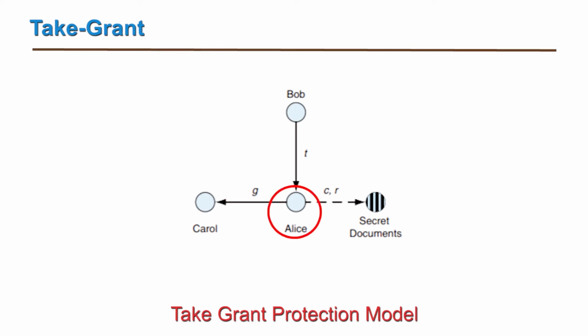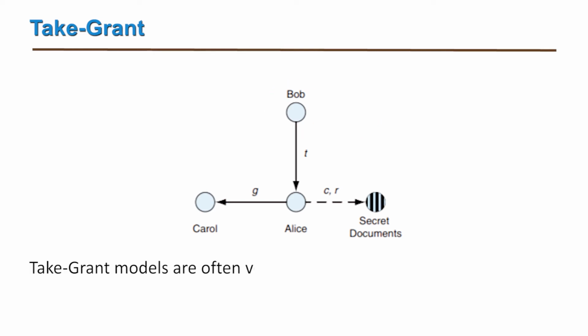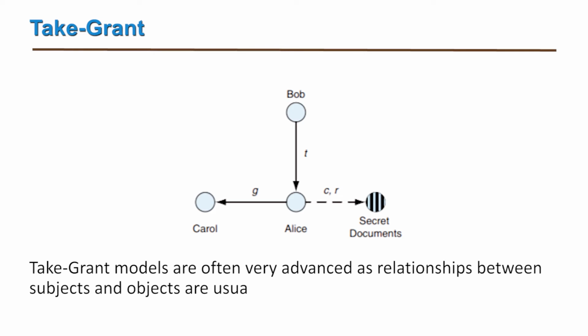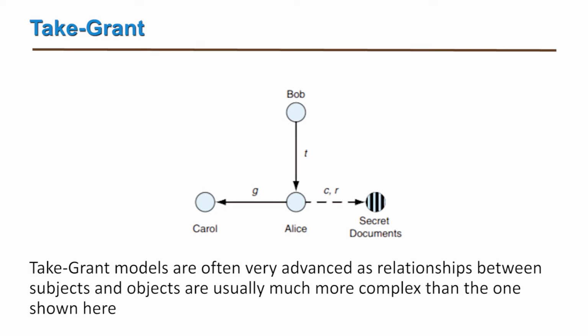Alice can also grant (G) the user Carol any of those same privileges, whereas user Bob will take (T) any of user Alice's privileges. Take-grant models are often very advanced as the relationships between the subjects and objects are usually much more complex than the one shown here in this picture.